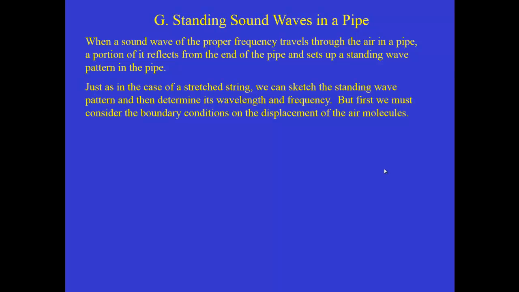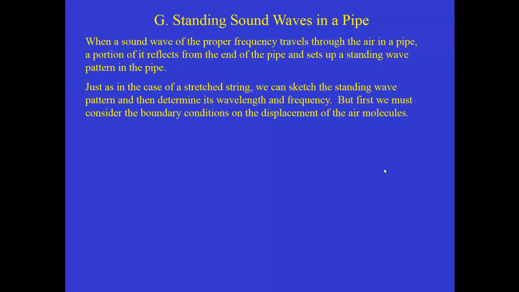So if a sound wave travels down from an open end of a pipe toward the closed end at the opposite end, those air molecules at that closed end will not be able to move, and therefore there will always be a node in that location.